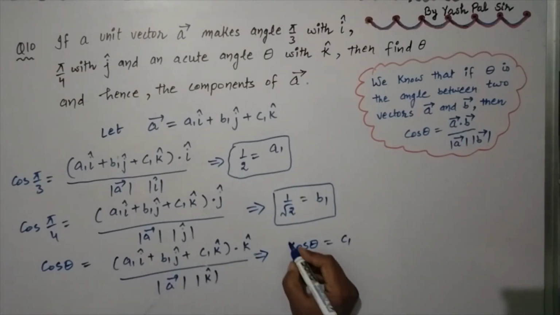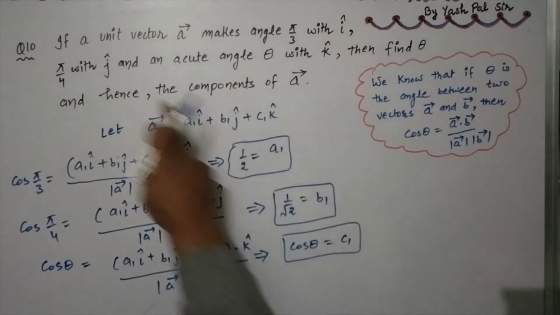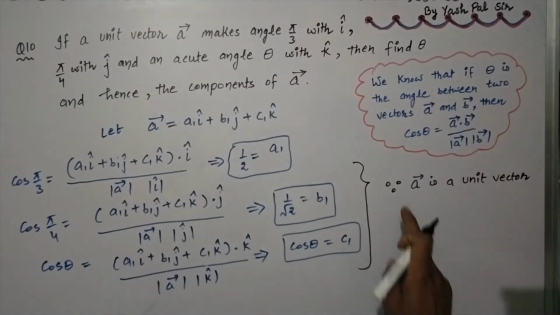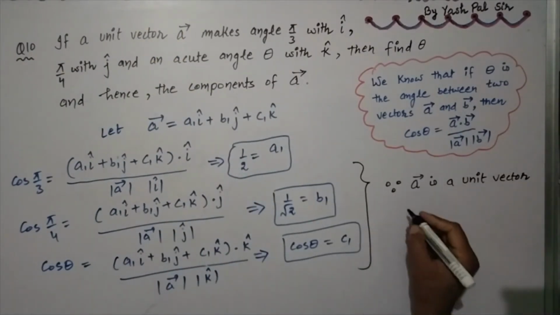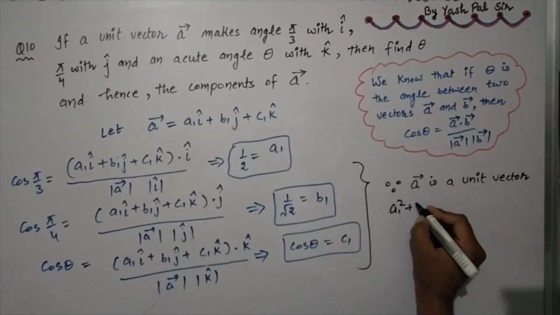This implies cos theta is equal to, here k dot k is 1, so the c1 denominator is again 1. Right? Now the thing is, this is given a unit vector A.